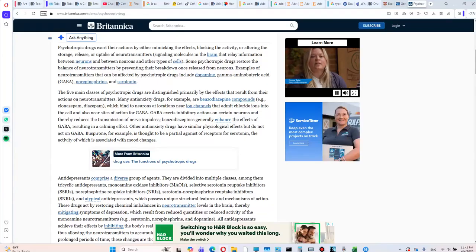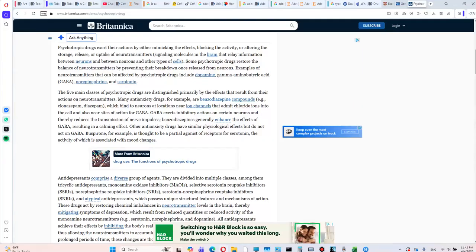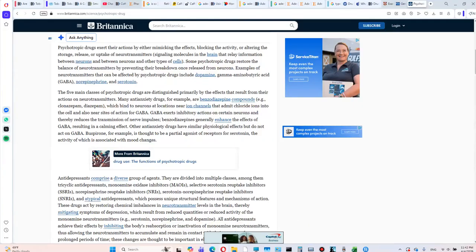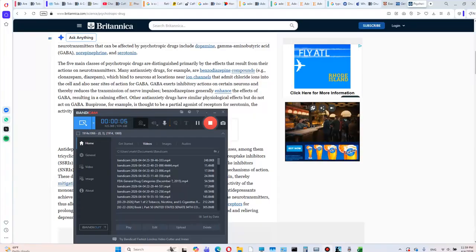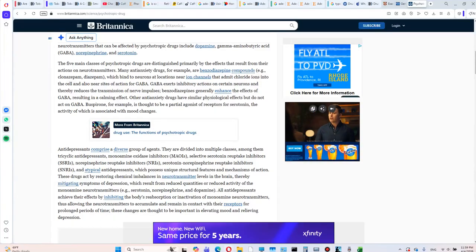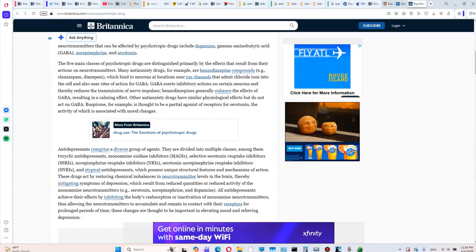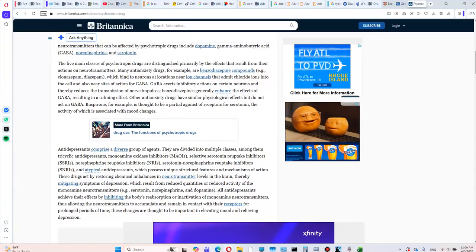Examples of neurotransmitters that can be affected by psychotropic drugs include dopamine, gamma-aminobutyric acid, GABA, norepinephrine, and serotonin.